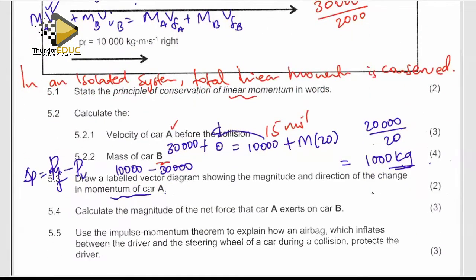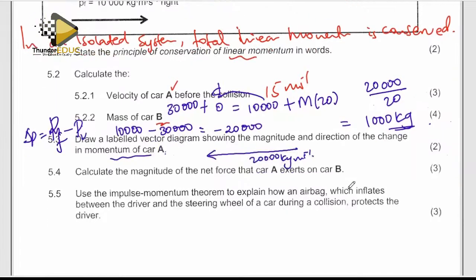Meaning that we're going to have change in momentum of negative 20,000. So the 20,000 is acting in the opposite direction, which is the left. So we're going to have something like that. So this is 20,000 kilogram meters per second.